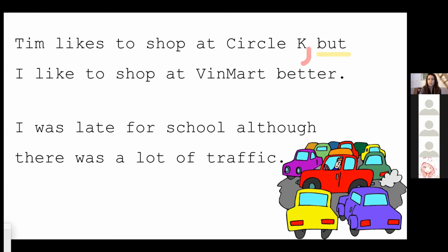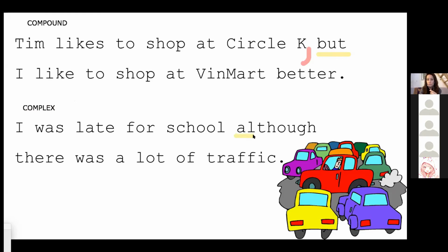School. Let's think. So we know our first sentence is a compound sentence. What kind of sentence is our second one? Complex. It is a complex sentence. Do you see a subordinating conjunction here? What is it? Although. Okay, so although is our subordinating conjunction.